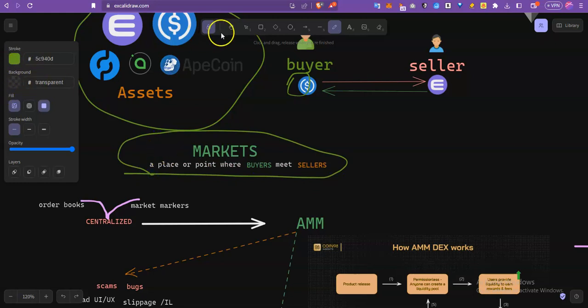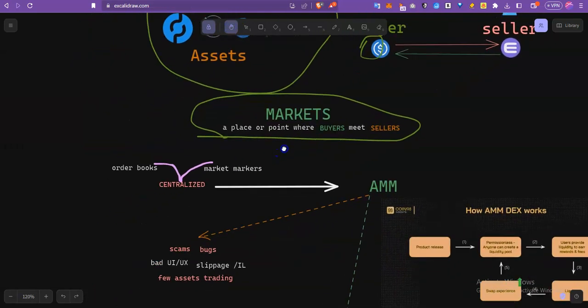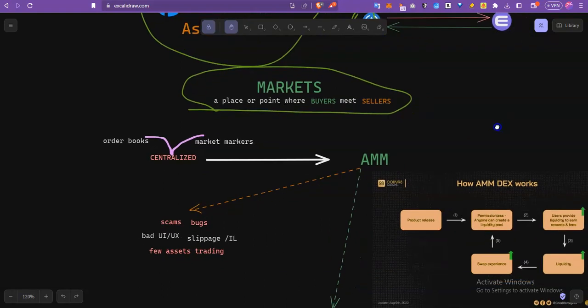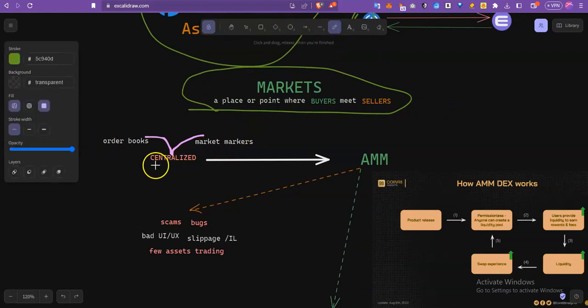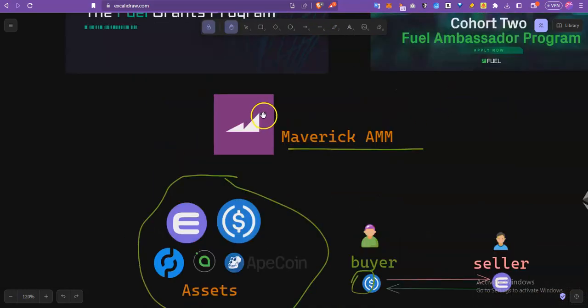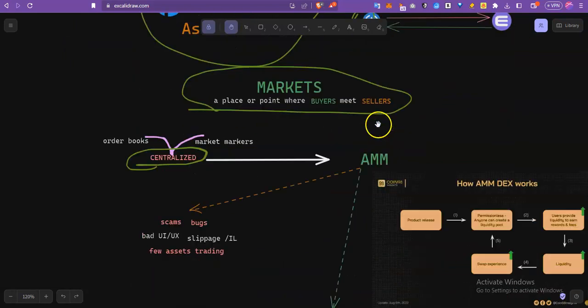Now there are different kinds of markets. We have centralized markets, like we had before decentralized protocols came on board, and many of them use order books or market makers. Now, these are inefficient third parties, they require more fees and all that. And that is where AMM comes from. So we're talking about the Maverick guys.